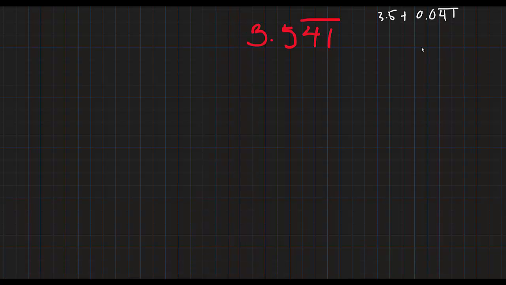First, we set this as a variable just as in any other problem. This time I'll make it m. So m is equal to 3.5414141 repeating on and on.